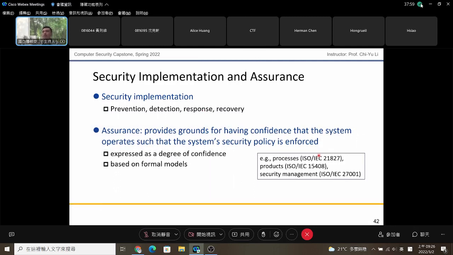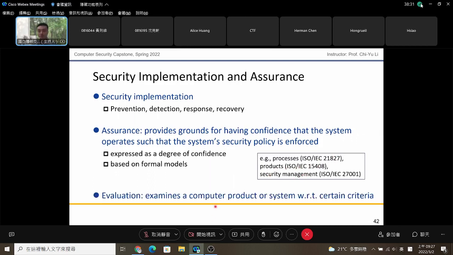If you are interested in how to do the assurance analysis of a security system, you can refer to this document. For example, for the assurance of the processes, you can check this document. For the assurance of the product, you can check this document. So this is about security management.